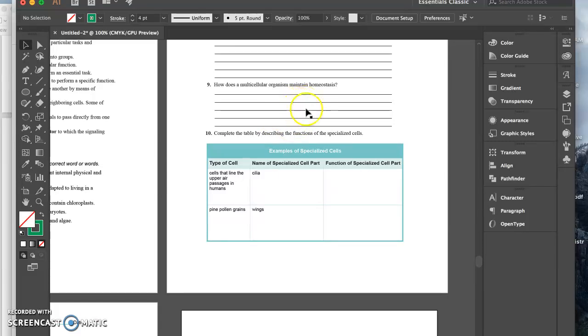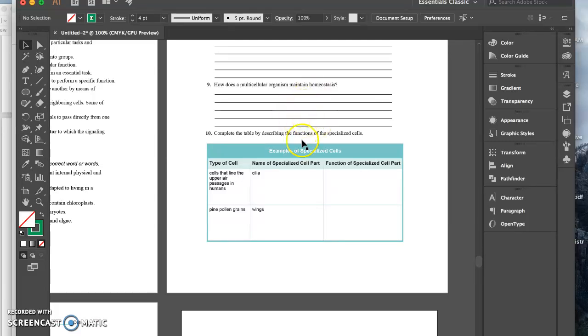Maintaining homeostasis in a multicellular organism does mean, however, that we need a way to move materials around if they're rather large. And so almost every large multicellular organism needs some sort of a circulatory system. So for us, it's the heart and the blood vessels that move stuff around.